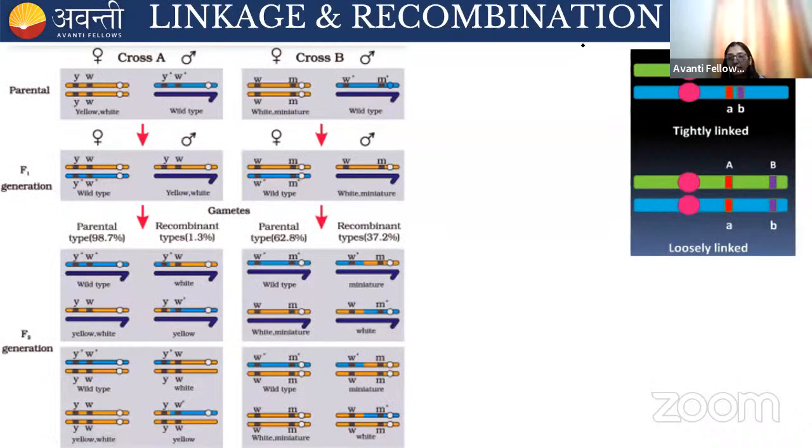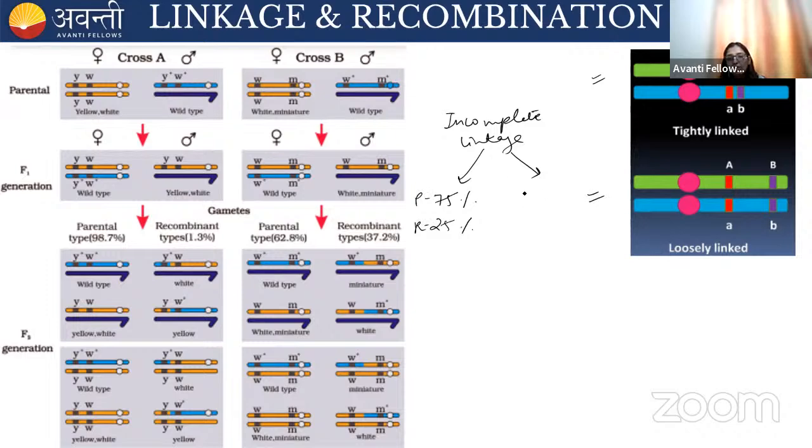As you can see in this image, this is tightly linked and this is loosely linked. So, for example, in an incomplete linkage case, in one cross we are getting 75% parental and 25% recombinant. I'm giving a hypothetical situation.